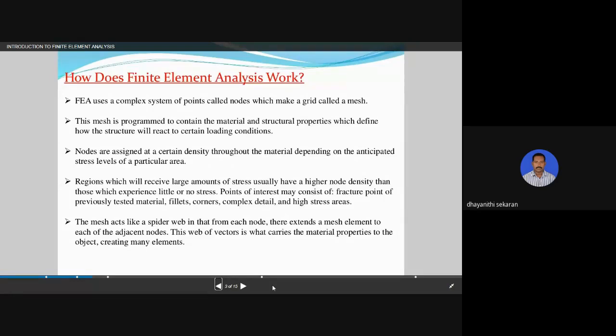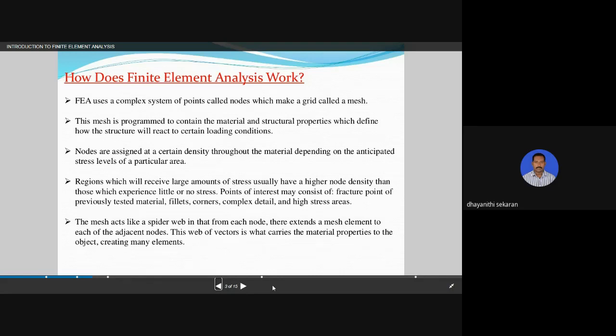Nodes are assigned at a certain density throughout the material depending upon the anticipated stress levels of a particular area. Regions which will receive a large amount of stress usually have a higher node density than those which experience little or no stress.